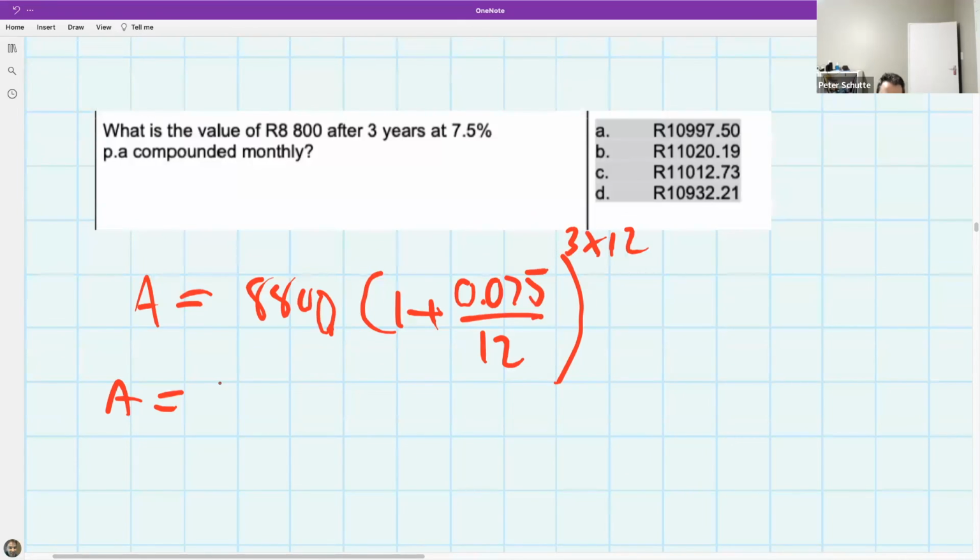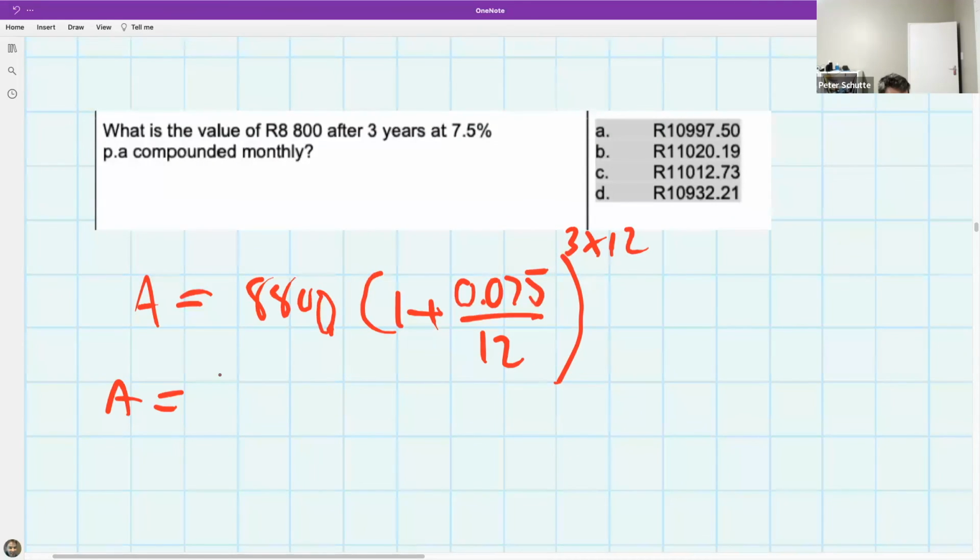And so if I put this into my calculator, I get 8,800 times, open bracket, 1 plus fraction, 0.075 over 12, close bracket, to the power of 36, because there are 36 months.